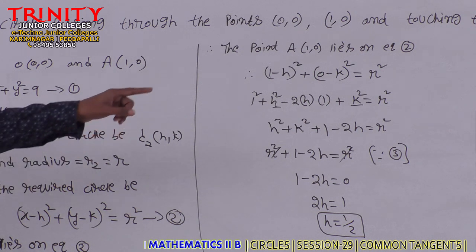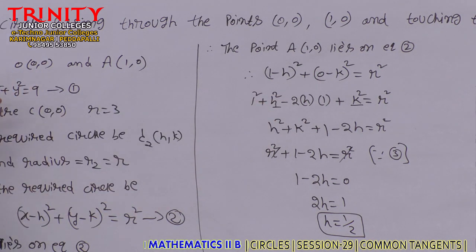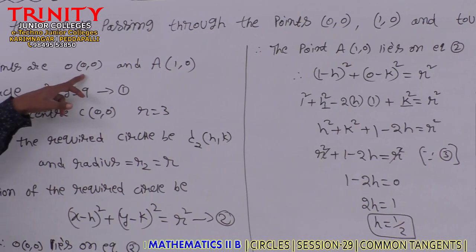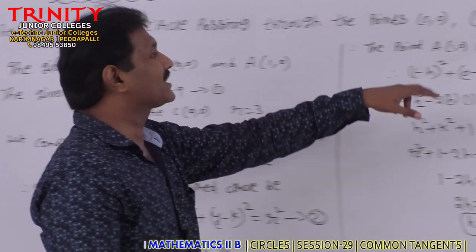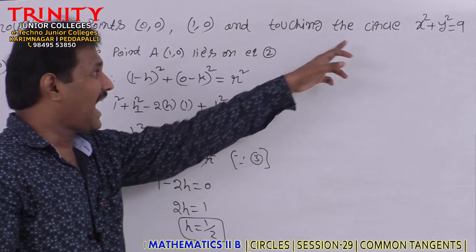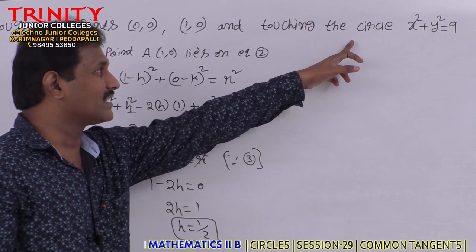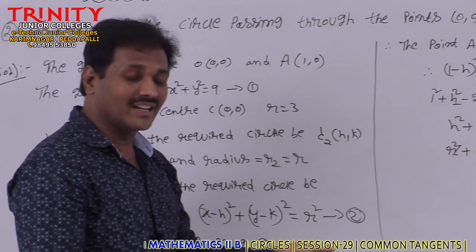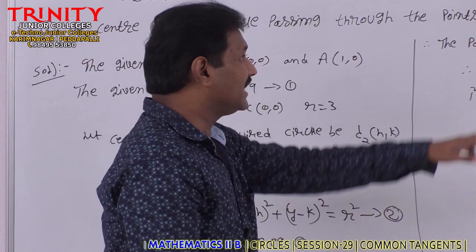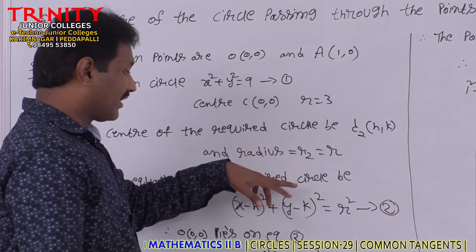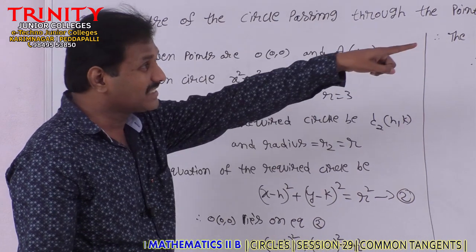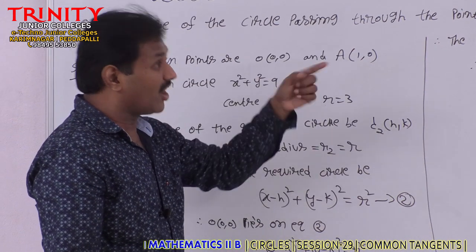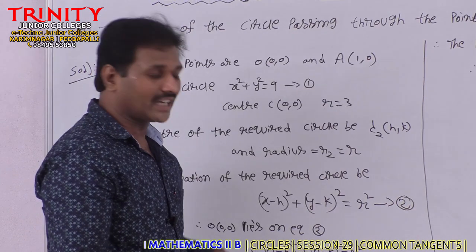By data, the given circle center is origin. Our required circle passes through origin, and these two circles touch each other. Actually, touch each other means the circles touch each other externally or internally. In this case, our required circle passes through the center of the first circle, and also these two circles touch each other.